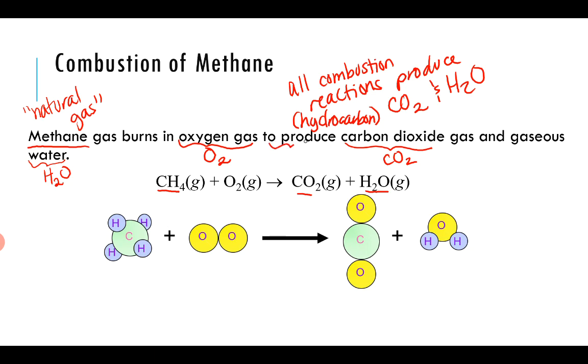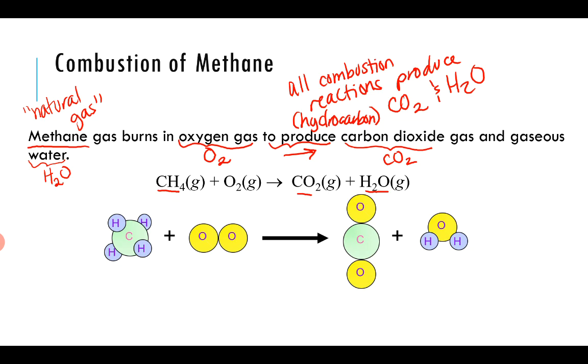And so when we have this to produce, that means an arrow. So if we were going to write this out, we can see that we have a methane molecule reacting with two oxygen atoms. That's a diatomic molecule. And it's going to produce carbon dioxide and water.